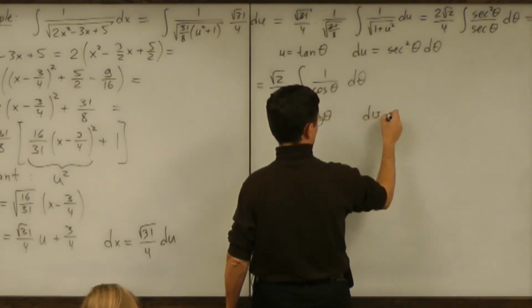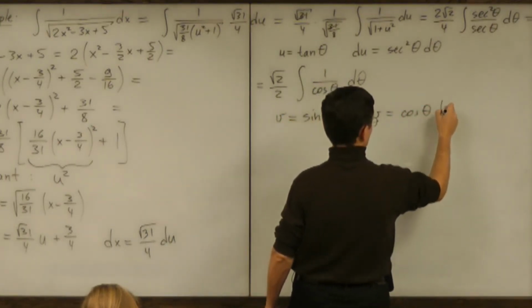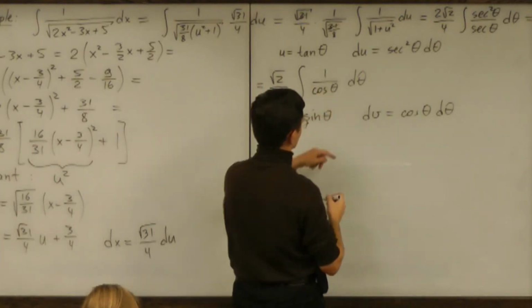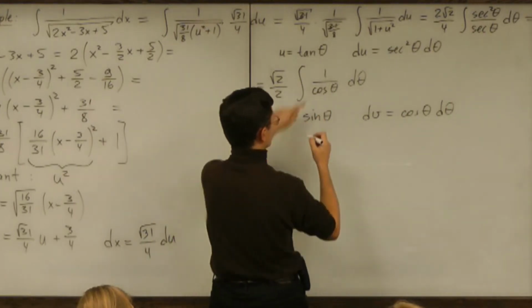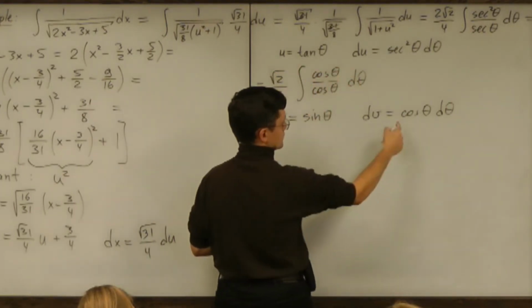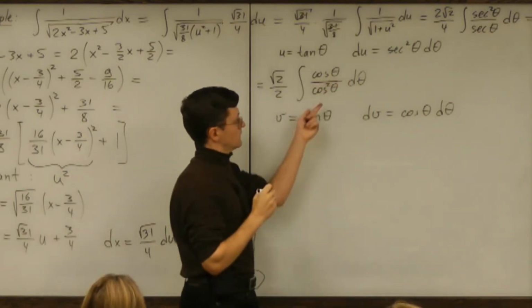Then dv is going to be cosine theta d theta. And if I artificially make that cosine theta d theta in my integral, I will multiply by cosine theta to make dv in the numerator, but I will have to divide by cosine theta.